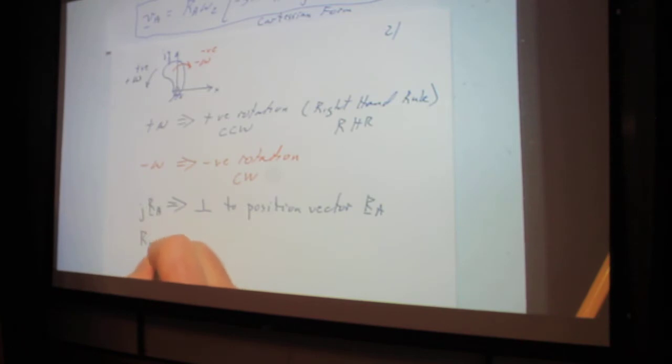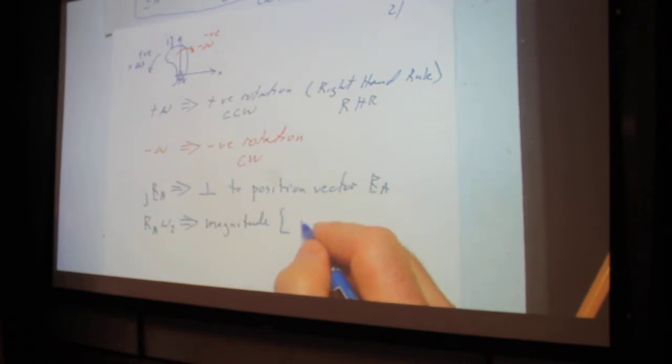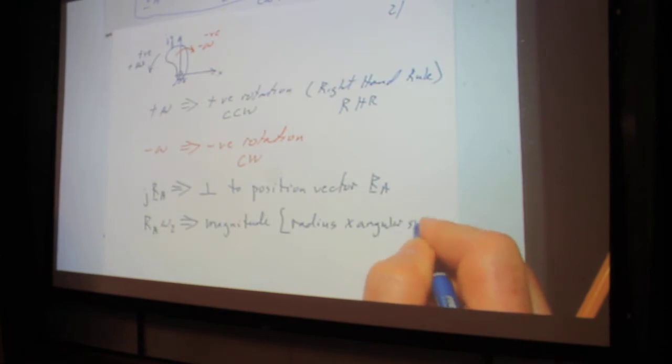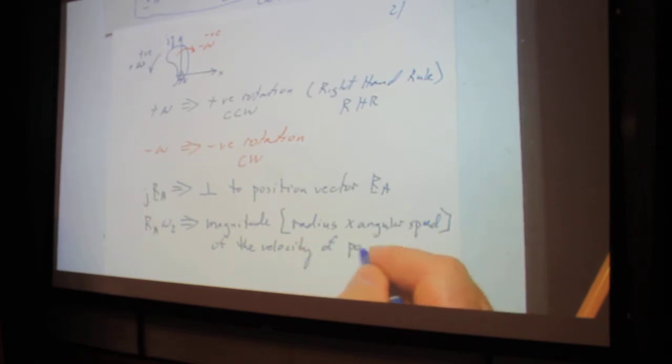And the RA omega 2 is the magnitude, which is simply the radius times the angular speed of point A. So it's the magnitude of the velocity of point A. Okay?